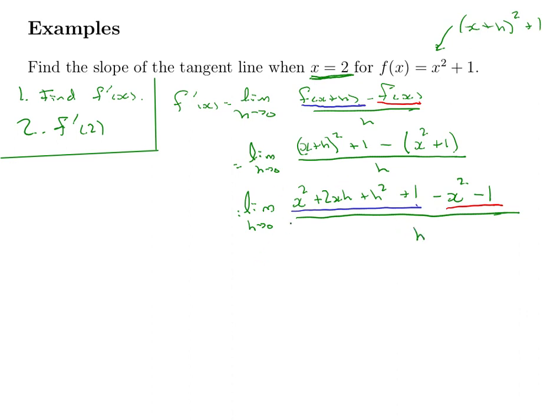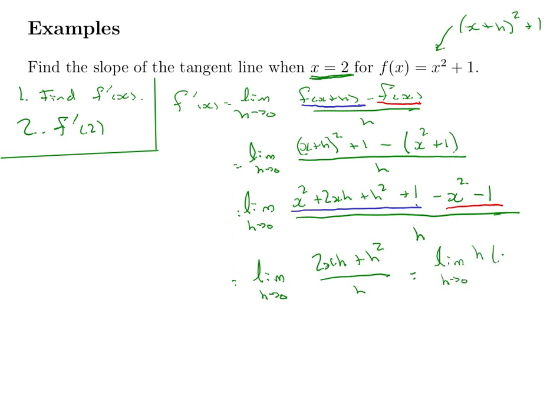So now we'll notice a bunch of stuff's going to cancel out. X squared minus x squared goes to 0. 1 minus 1 goes to 0. So we're really just going to be left with the limit as h goes to 0 of 2xh plus h squared over h. Notice that we can pull out a common factor of h.